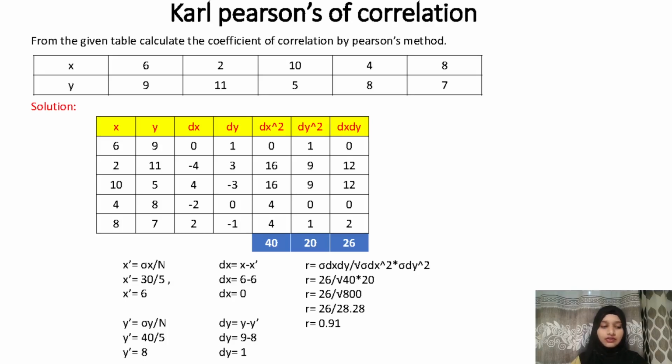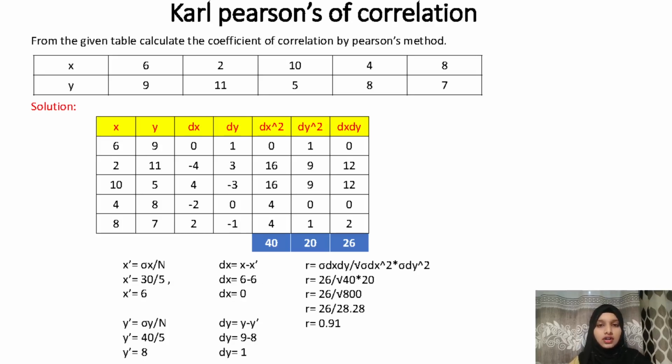Similarly, calculate the deviation of variable y, y minus y bar, dy. Third step, square dx and dy, that is dx square and dy square. Fourth step is to multiply dx into dy.